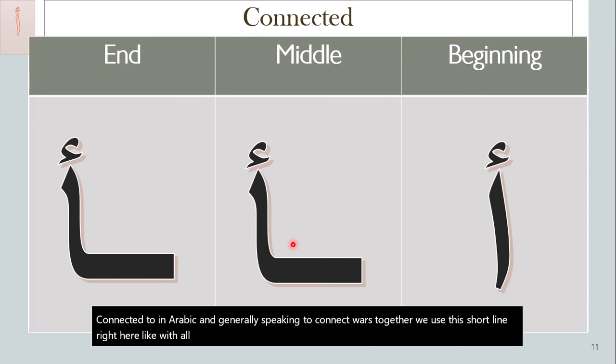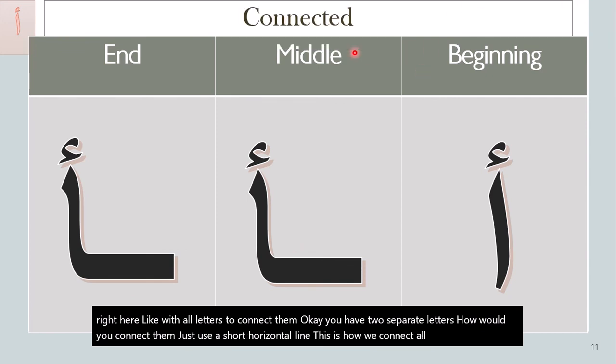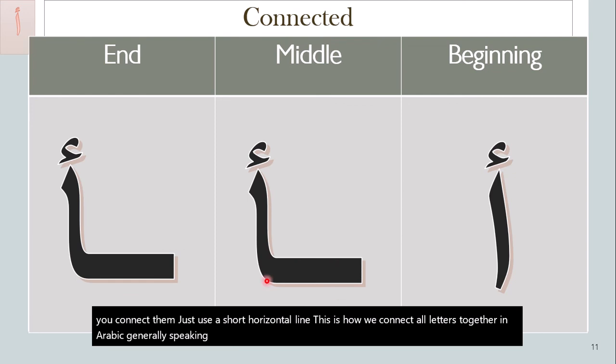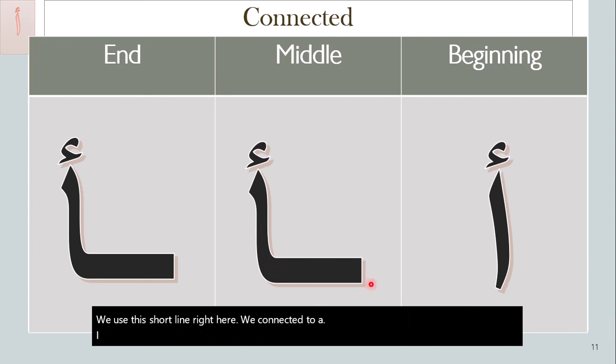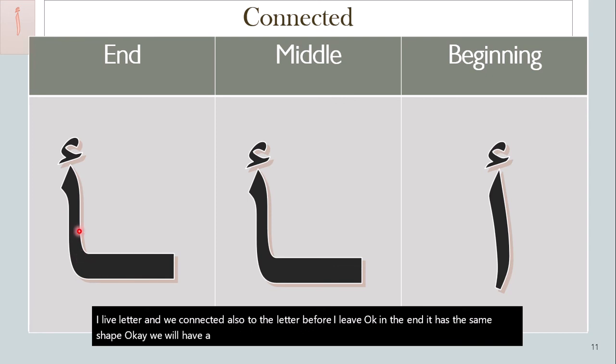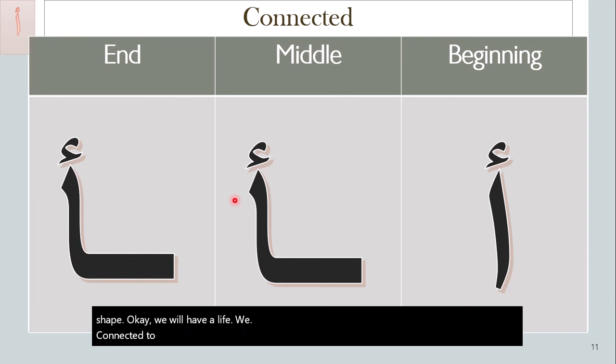If you have two separate letters, just use a short horizontal line to connect them. So we connect the Alif to this line, and we connect the letter before to this short line as well. In the end it has the same shape.